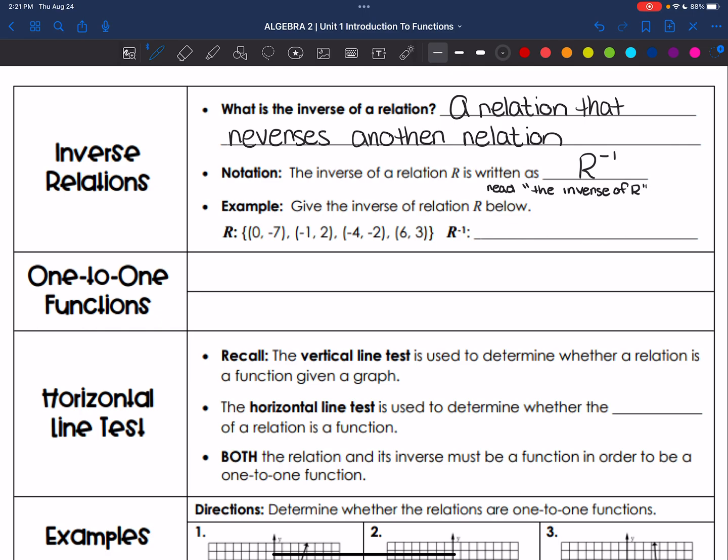What you're going to notice here, let me take a moment and do a little bit of highlighting. Let's take our X values, highlight them green, and our range values, highlight them blue. What an inverse relation will do is reverse the input, which are your X's, and your output, which are your Y values. Do you see how they have been reversed?